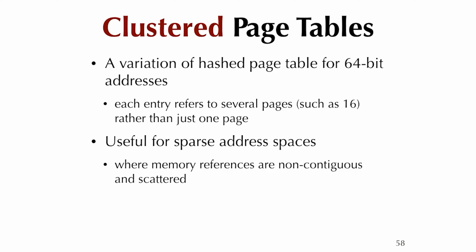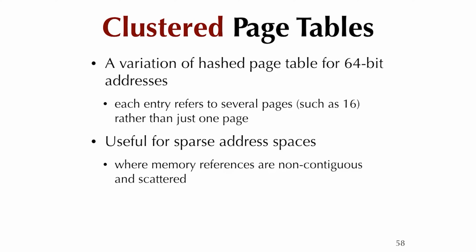Okay, so each entry is now bigger because it contains the consecutive addresses, the mapping, right? That way, you do one hash to get not just a single entry, but a table or a short array of entries. Then you use those bits that you didn't hash as an offset into that table and look up the entries, right?